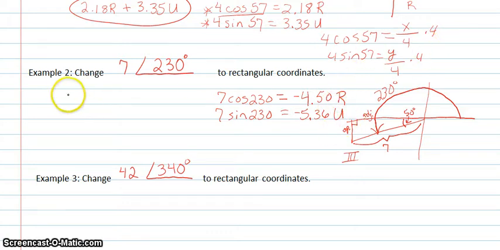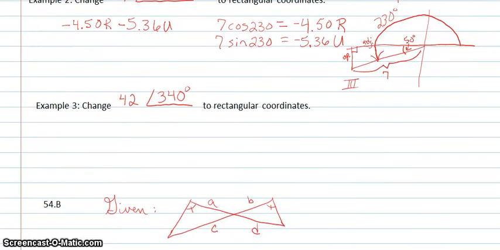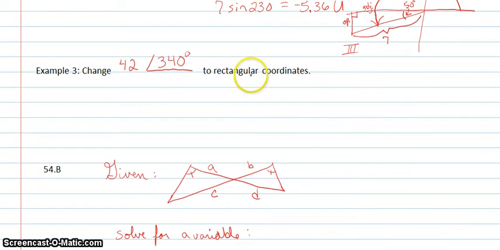So when we write this out together, we'll go negative 4.50 r minus 5.36 u.